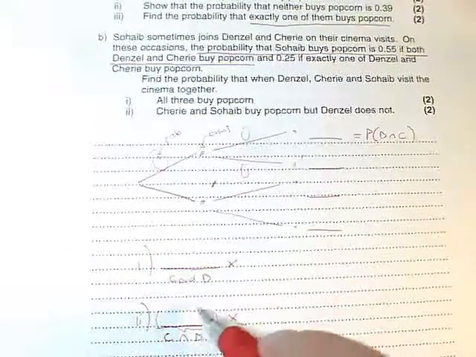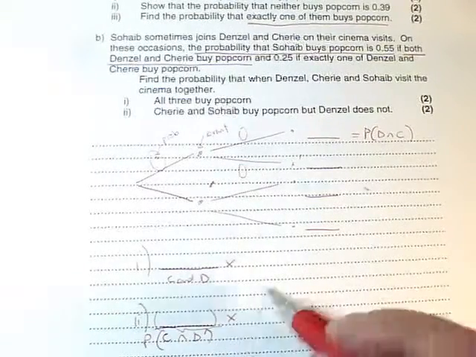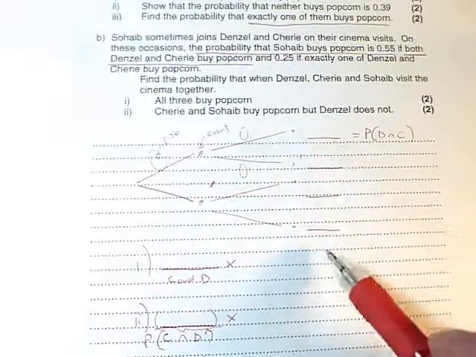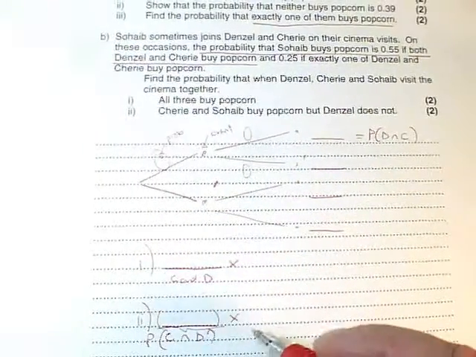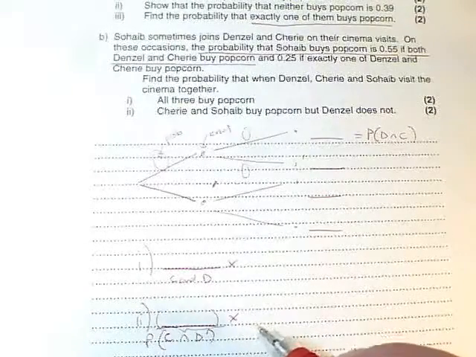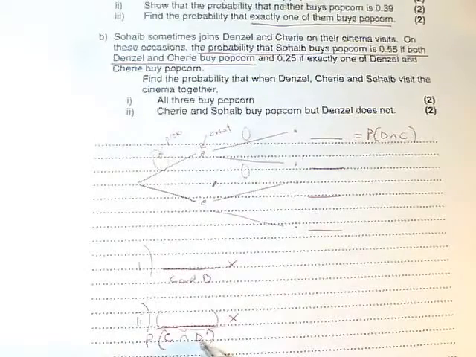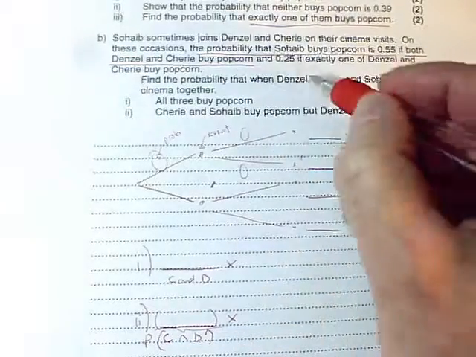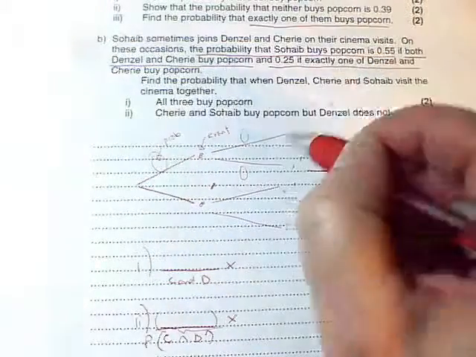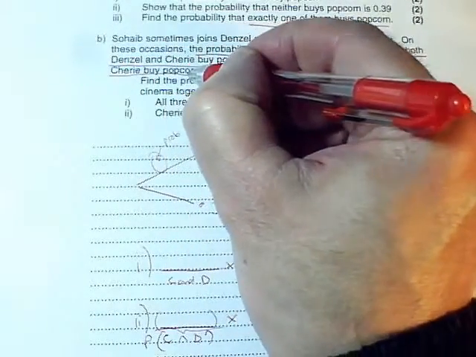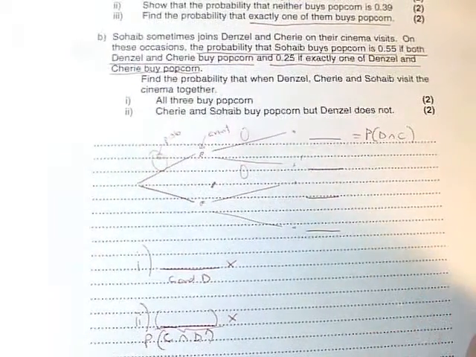The probability of C and D dashed is going to be one of the outcomes from this tree, and we need to multiply that by the probability that Sohaib now buys popcorn, knowing that Sherry did but Denzel didn't. And the other probability we've got here is 0.25 if exactly one of Denzel and Sherry buys popcorn. So that's a big hint about what we need to do in this part.